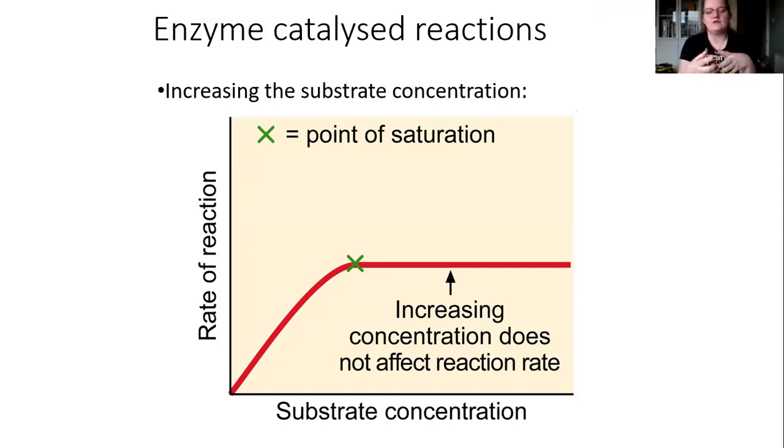This is where increasing our concentration does not affect our reaction rate. By this point, X, we could keep chucking in more and more substrate into our reaction, into whatever we're wanting to happen.